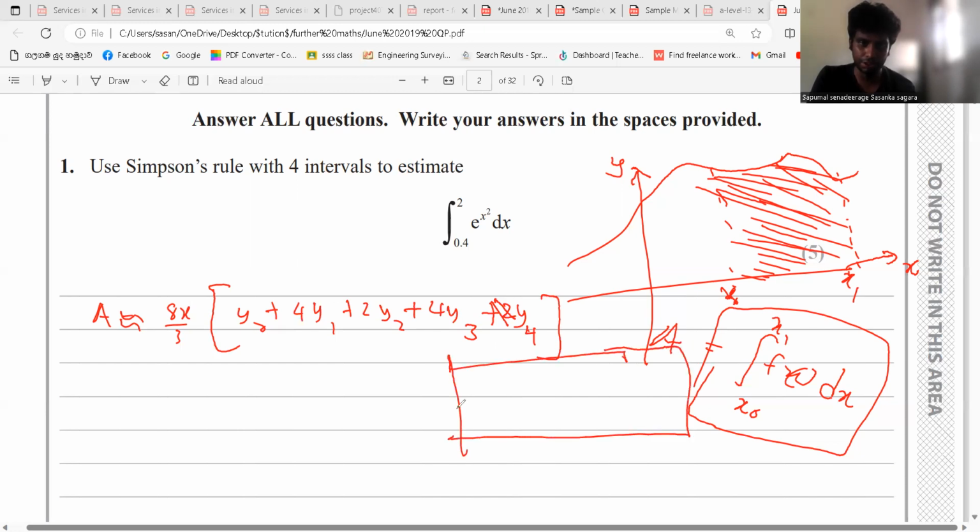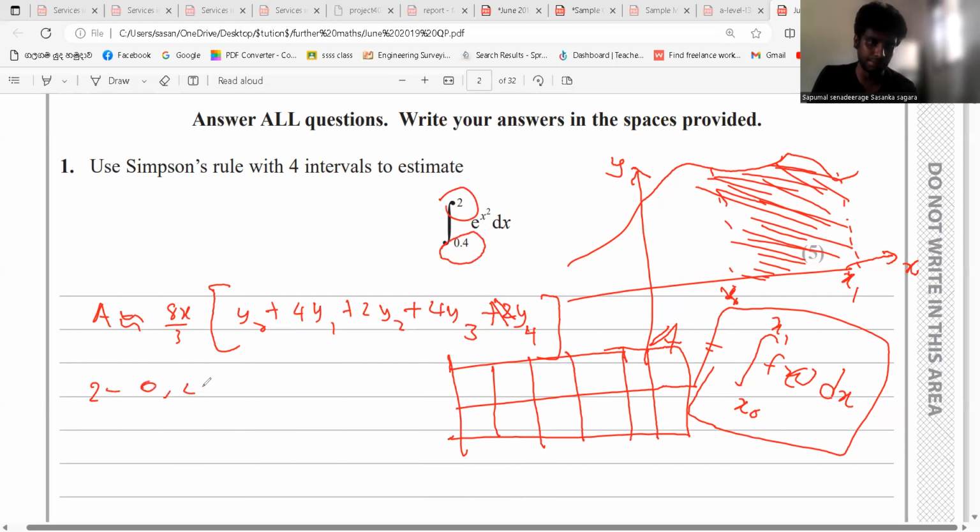There is a table. You want to find out all these corresponding values. First of all, the upper boundary is 2 and the lower boundary is 0.4. Then you want to get the subtraction between these two, and it's 1.6.